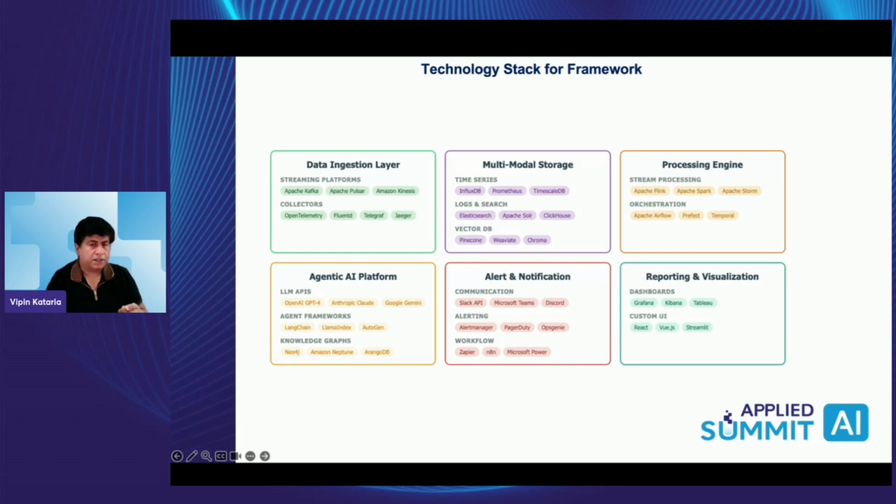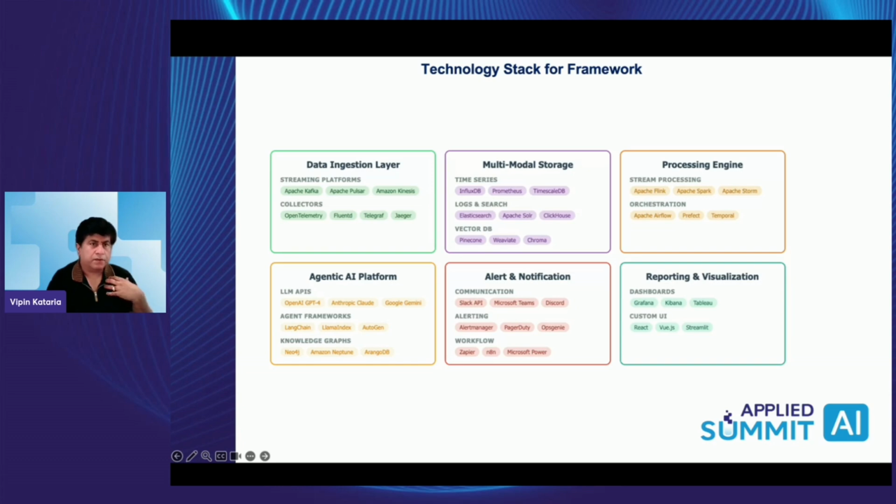For orchestration, Airflow, Dagster, or Prefect. For the agentic platform, ChatGPT or the Gemini agent framework, from LangChain to LangGraph, and a knowledge graph like Neo4j. For alerts and notifications, Slack API, Alertmanager, and workflow tools like N8N. And for reporting and visualization, Grafana or Kibana. Basically, you can also build your own custom UI.